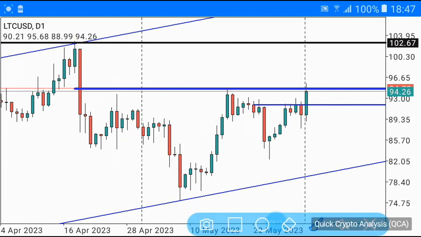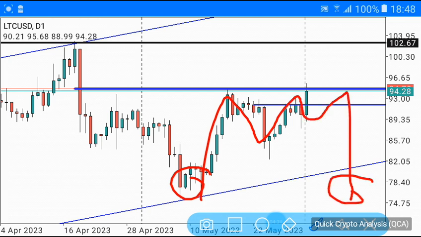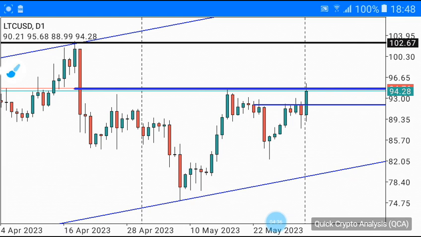What may happen is that we may see price come back to this level, only to move again to that level to test it, and at that level we may potentially see the market move further down, and the market may give us a triple top, right? If you look here, we may potentially get a triple top, and the market may move further down to around this level. I hope you guys can see that.